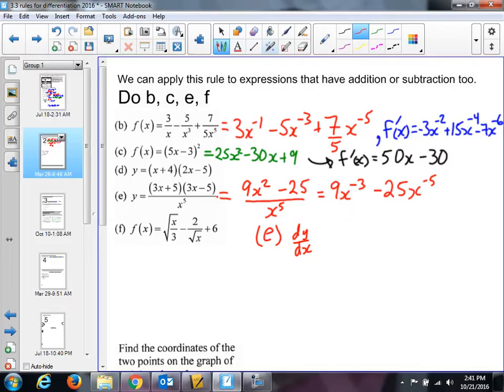Get used to seeing dy by dx. It's the most common thing in science-based courses, and I'd say it's about 50-50 in calculus. f prime of x, dy by dx. If you see y prime, that's fine. The norm is dy by dx, but y prime works just fine.